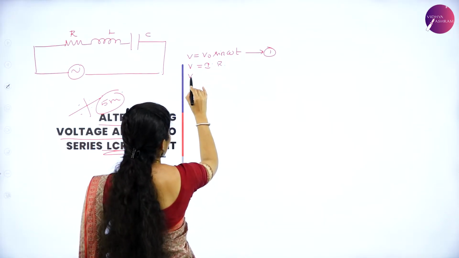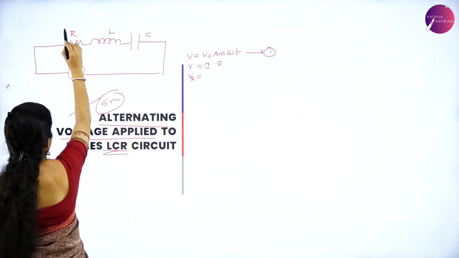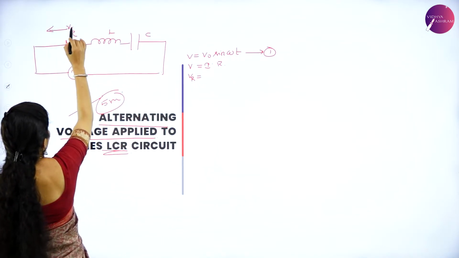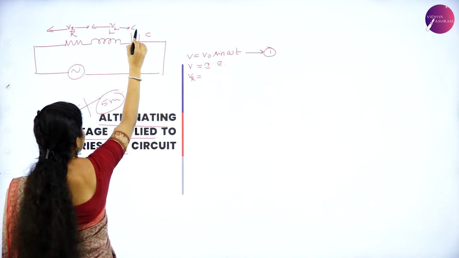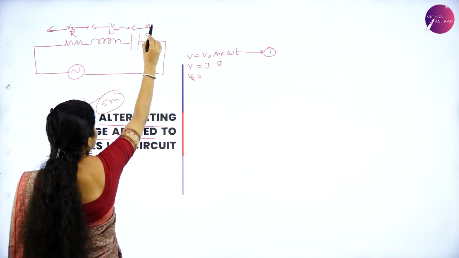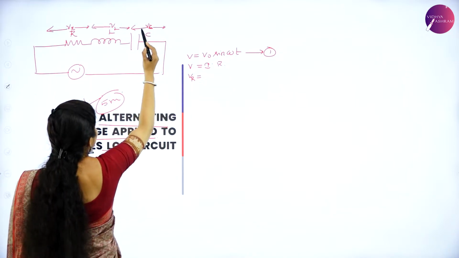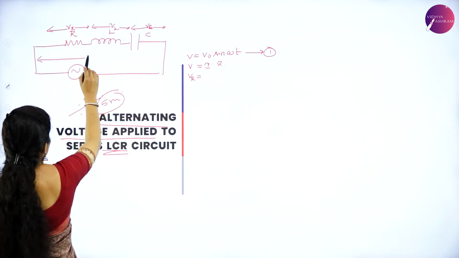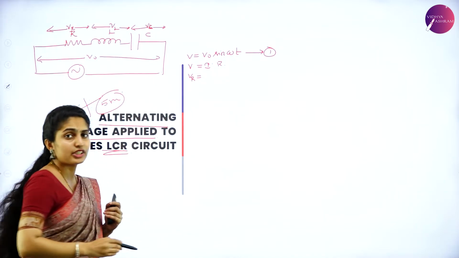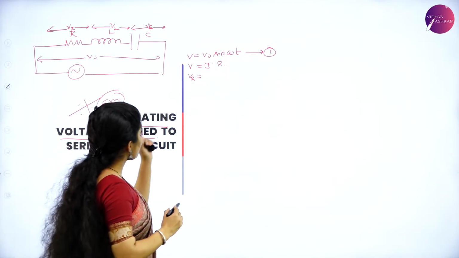VR is the voltage across the resistance R, VL is the voltage across the inductance, and VC is the voltage across the capacitance. The total voltage is V naught, which is the peak voltage, for which you have VR.